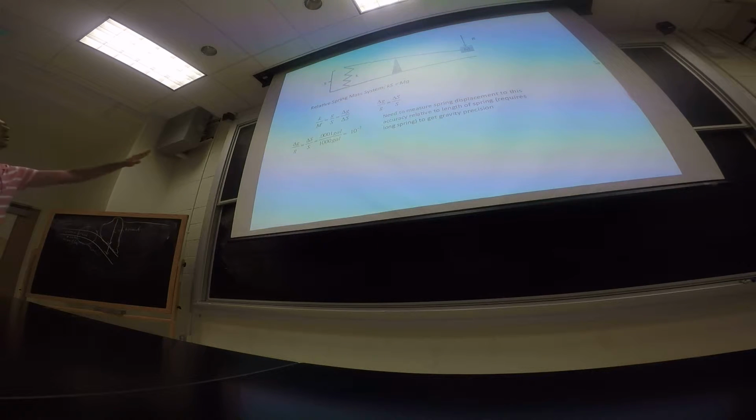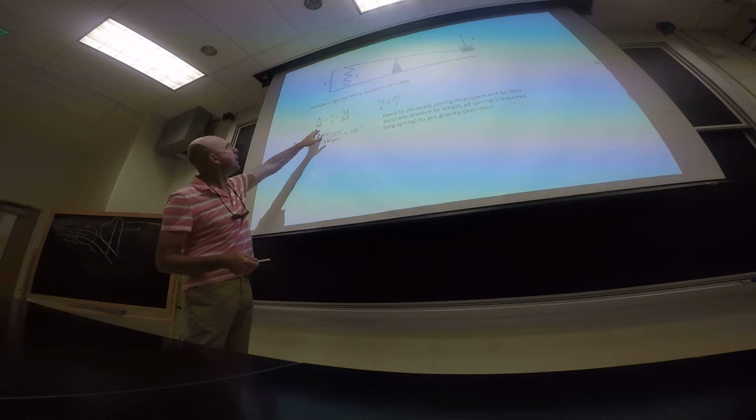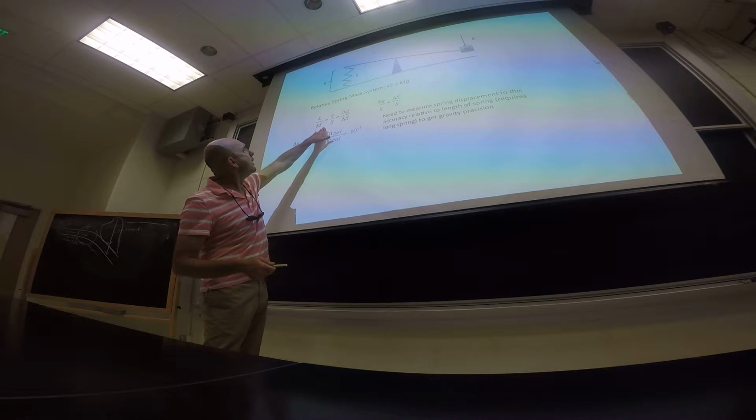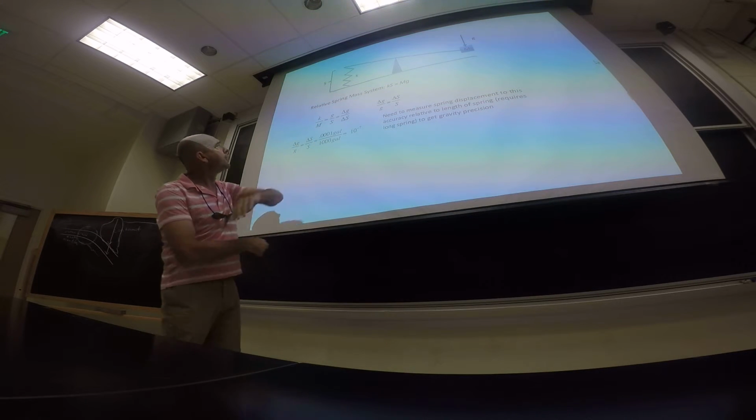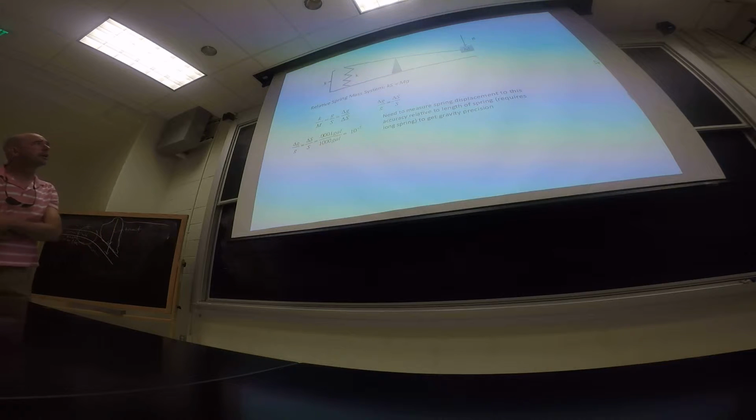So we can also say that k over m is the change in gravity over s. And so the percentage change of gravity is also equal to the percentage change in the length of the spring.